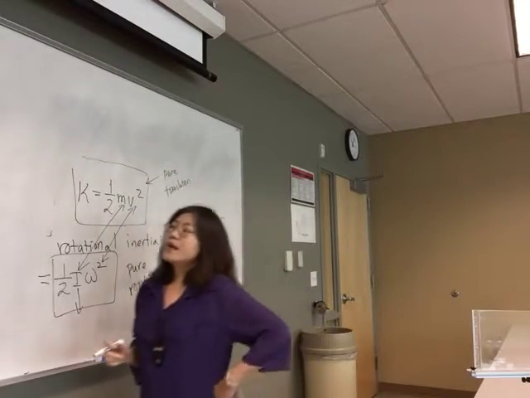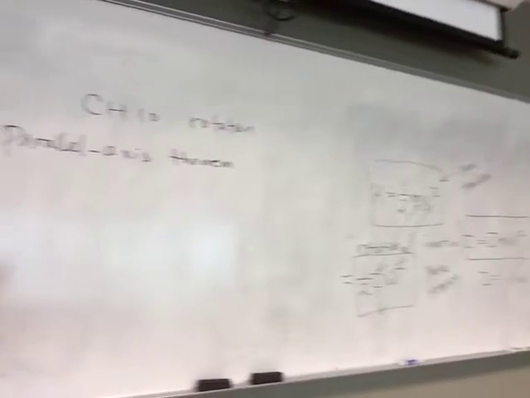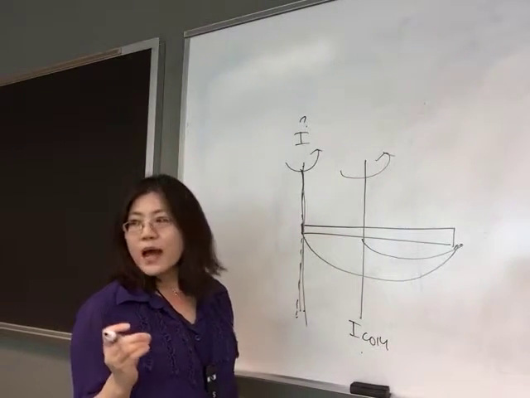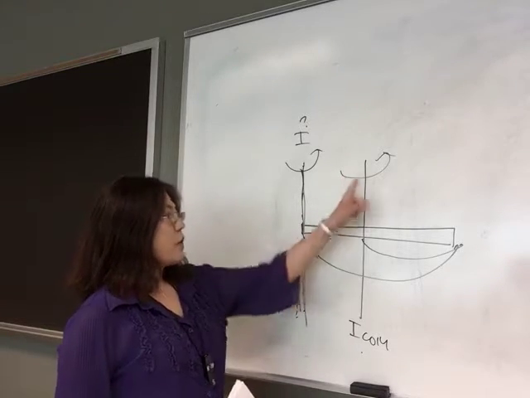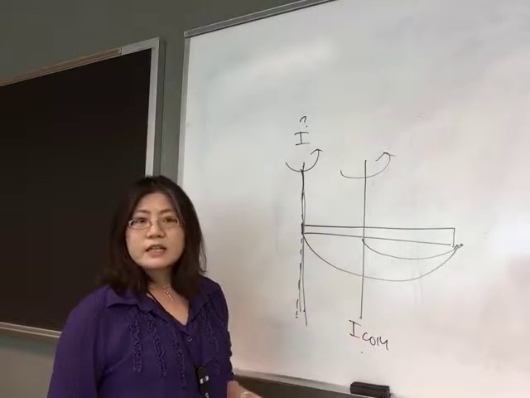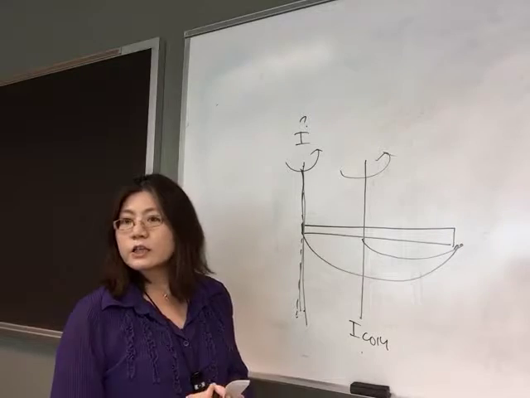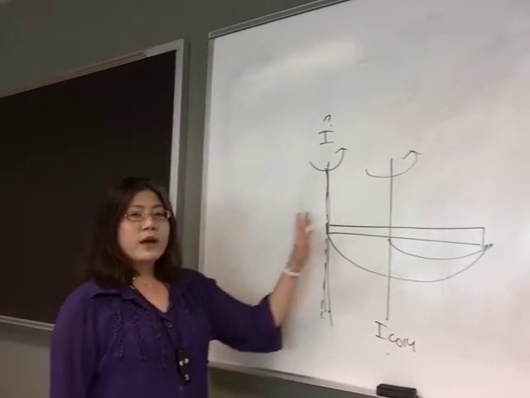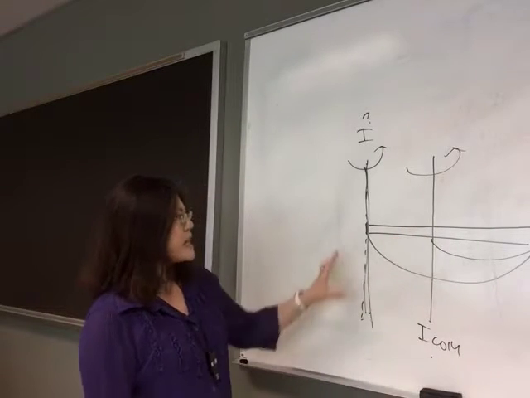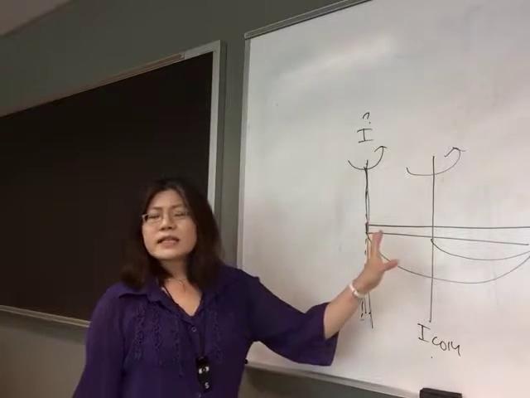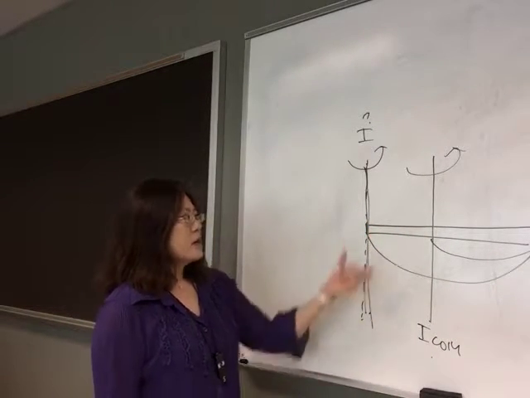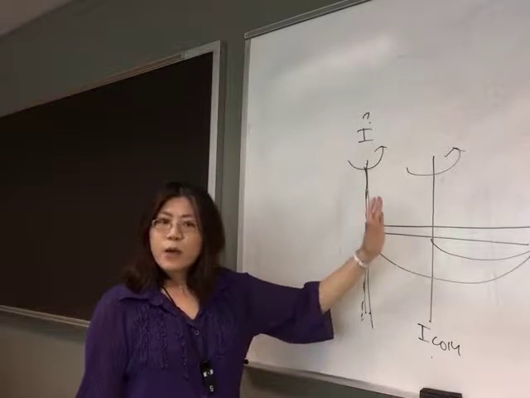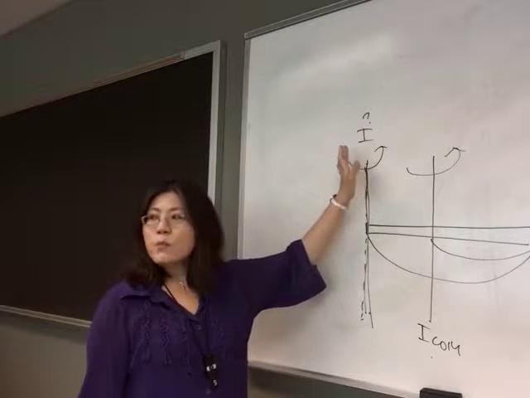Okay. Now, why did I say that this I will always be greater than I_COM? I_COM is through the central mass, where the energy required to rotate is smaller than when rotating through any other axis. So let's see the parallel axis theorem. What does that tell us? It tells us that if you're rotating about a different axis other than the central mass, your rotational inertia has to be modified.